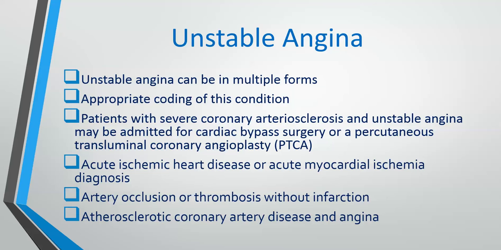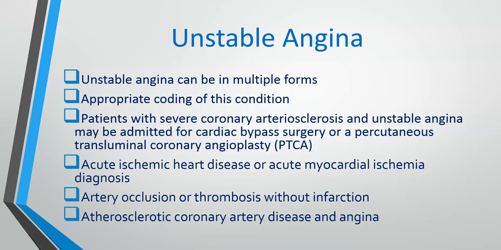When using one of these combination codes, it is not necessary to use an additional code for the angina pectoris. A causal relationship can be assumed in a patient with both arteriosclerosis and angina pectoris unless the documentation indicates otherwise or the physician states that the angina is due to something else other than the atherosclerosis.